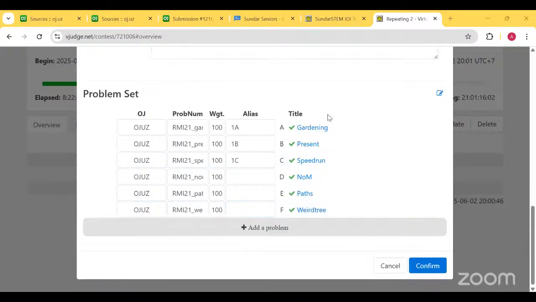Okay. All right. Then you can submit your accepted solution to the repeating.